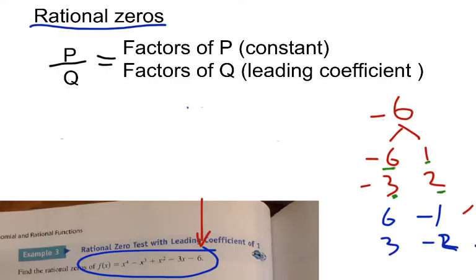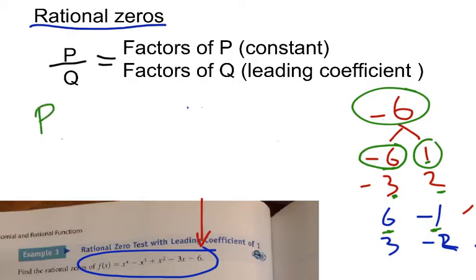If I switch the signs, I get the same product, -6. So when I list the factors of P, I'm going to have 1, 2, 3, and 6.